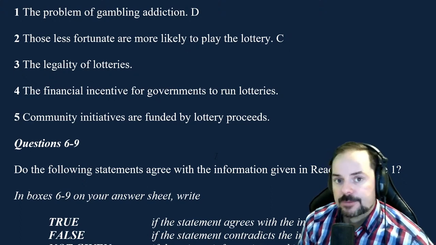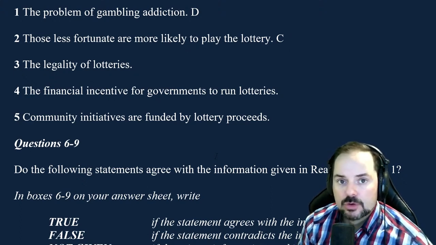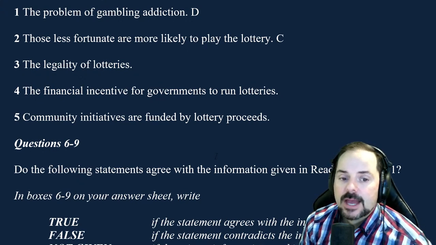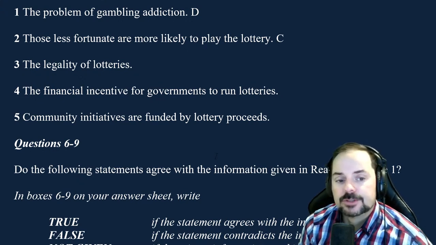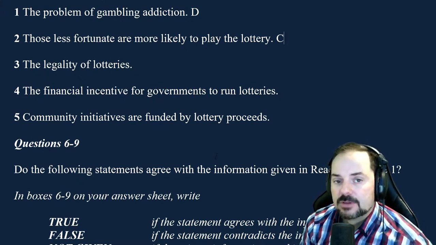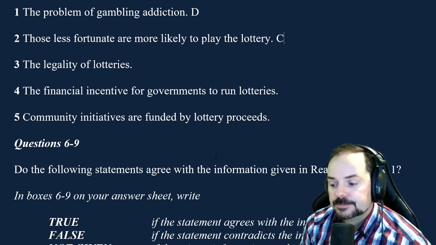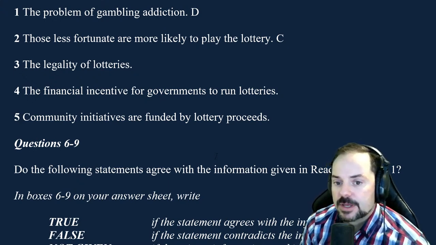As the author, and you know how to write a task 2 essay, where would you put information about the legality of lotteries? It's B. No, don't answer it. Just think about it this way. Where would you put the legality of lotteries as information in this kind of a passage?